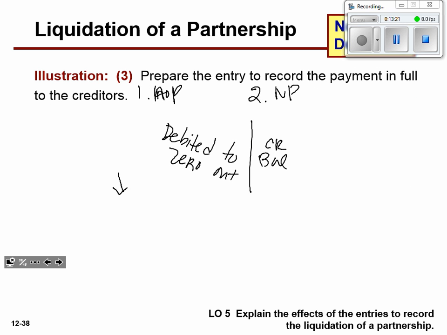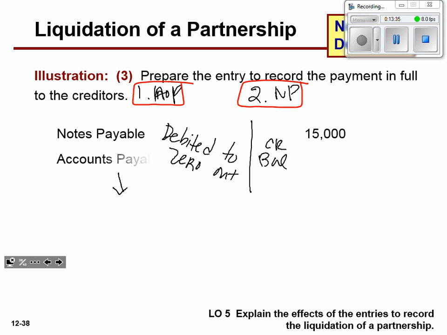So now we need to pay all of our debt to our creditors. We had accounts payable and notes payable based on that little breakdown. Notes payable we're going to reduce. Accounts payable we're going to reduce.